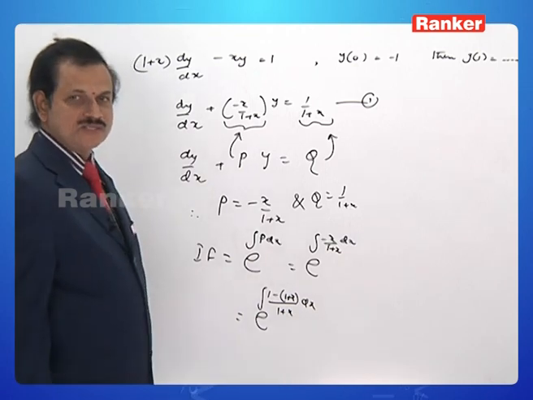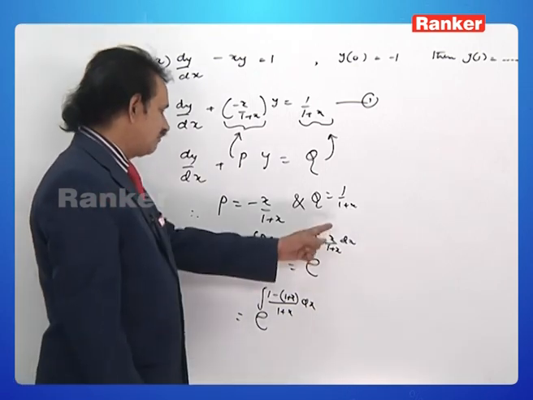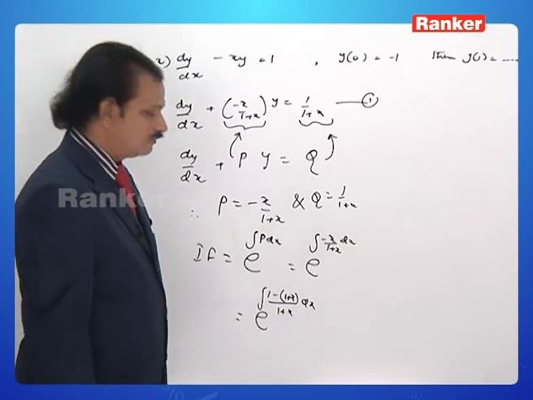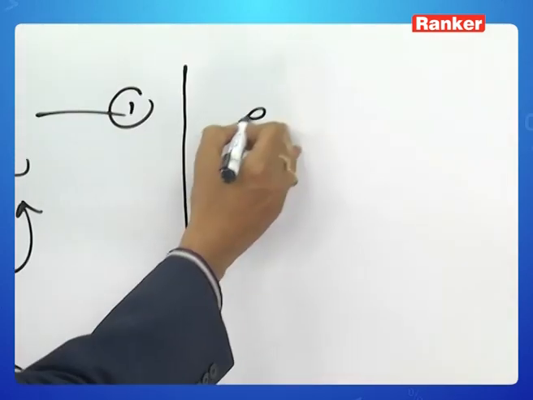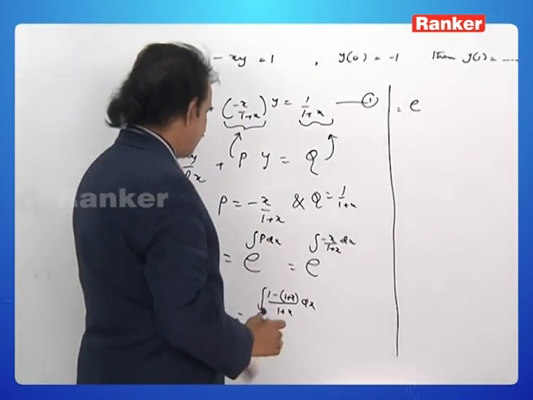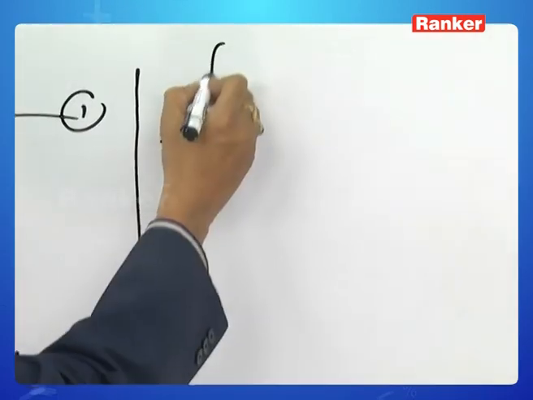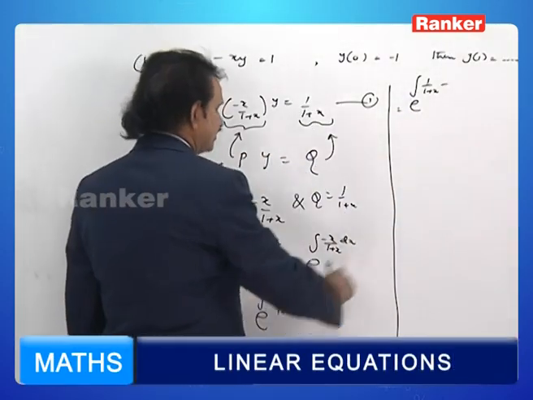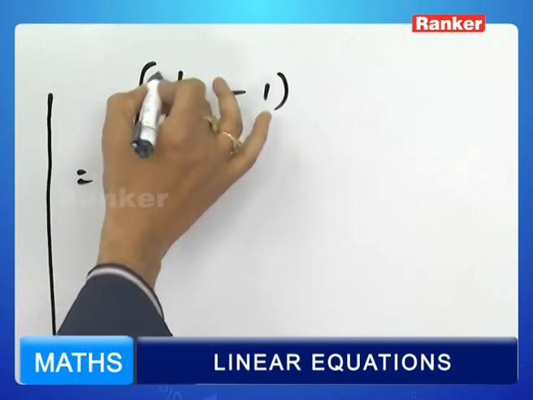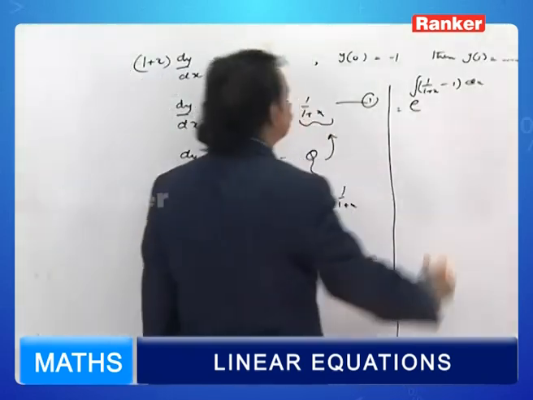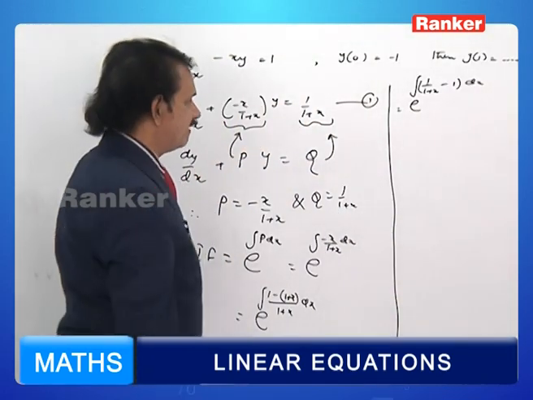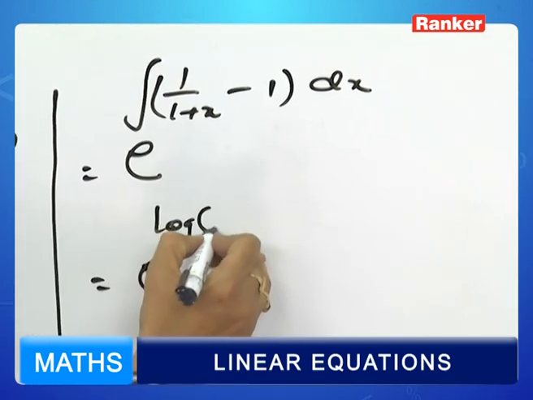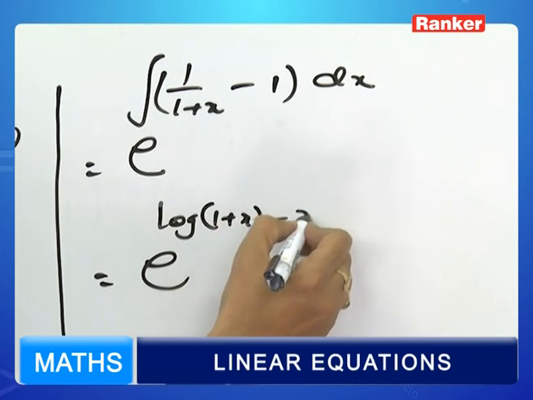You please observe the things that are happening. I could have written this minus x as 1 minus of 1 plus x. What happens then? This is e power integral of 1 by 1 plus x minus 1 plus x by 1 plus x, which is 1, dx. Therefore, it is e power log of 1 plus x minus x.